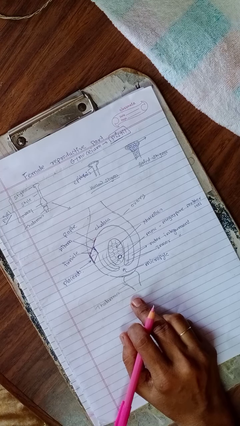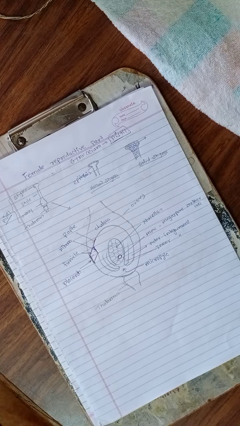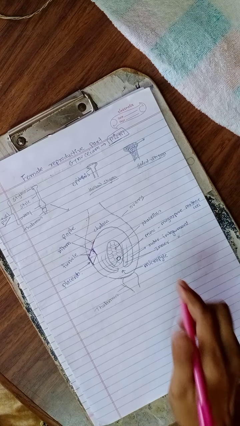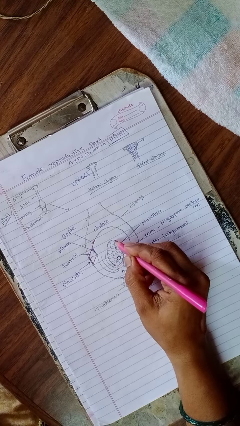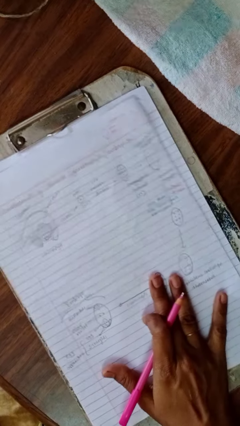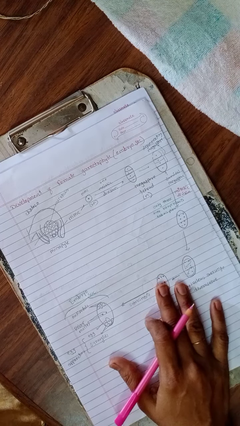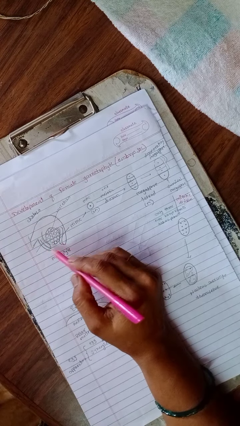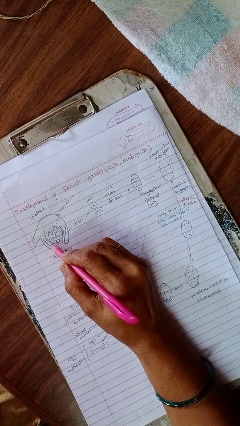Then we see the development of the gametophyte, that is, the embryo sac. This is also known as the embryo sac, and we study its development: development of the female gametophyte or embryo sac. This is the structure of the ovule. In the ovule there are two integuments, outer and inner.